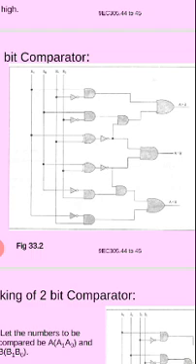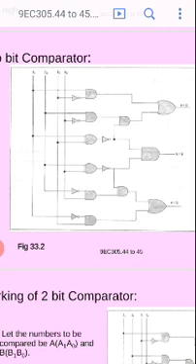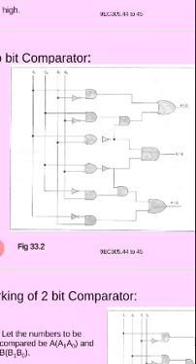For the exclusive OR gate, A1, B1 is provided and the output of that exclusive OR gate is complemented and its output is given to the AND gate.